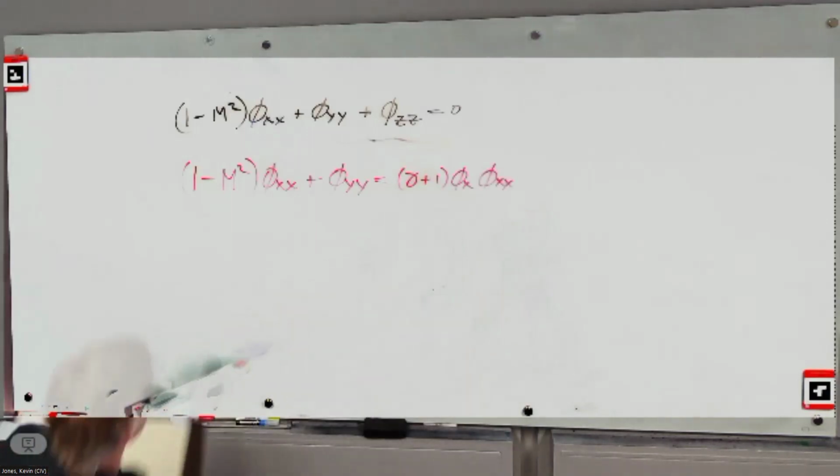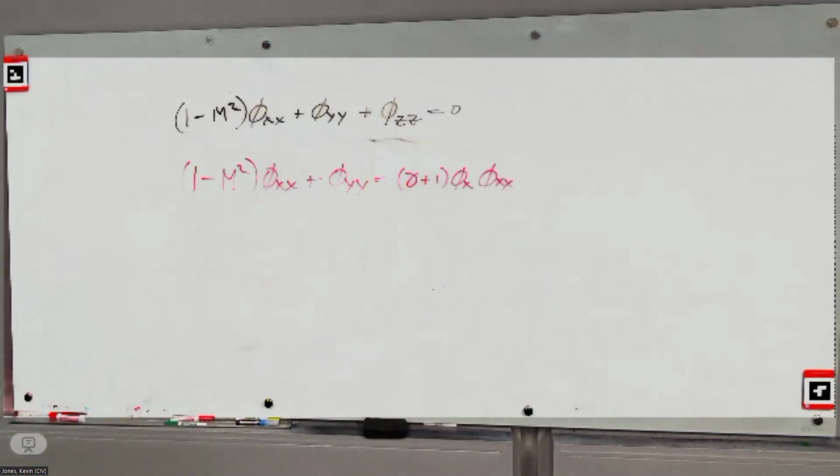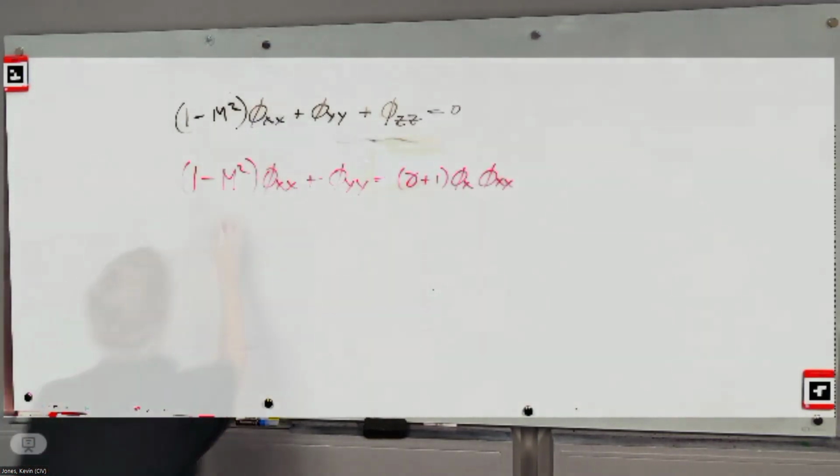So this is actually a non-linear version of the 2D problem. We call it the transonic small disturbance.